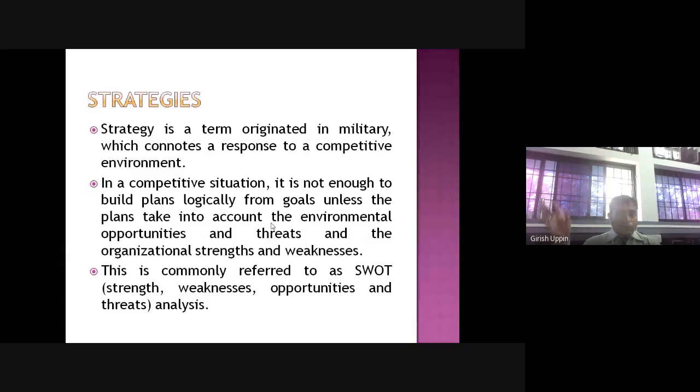Those are the things you will put in the weaknesses. What are the opportunities? There is a lot of job requirement in the .NET area. That is a huge opportunity. Job offers and a better lifestyle, things like that, will go in the opportunities.